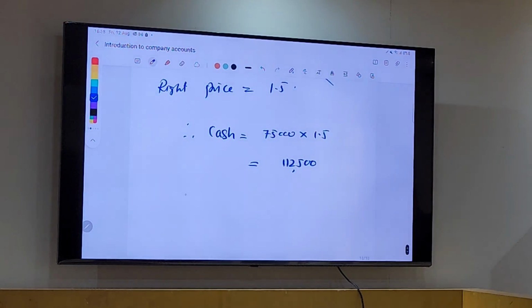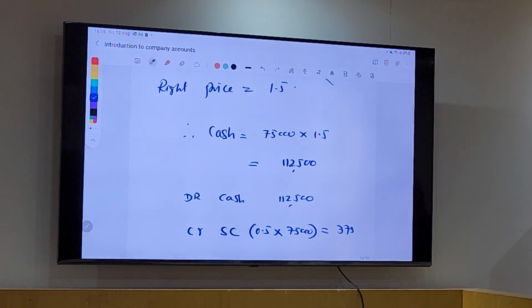So I will debit cash 112,500. Is that clear? Now we need to find out how much was share capital. No matter how many shares you issue, will the par value of the share change or remain the same? It will remain the same, 0.5. And how many new shares are you issuing? 37,500.